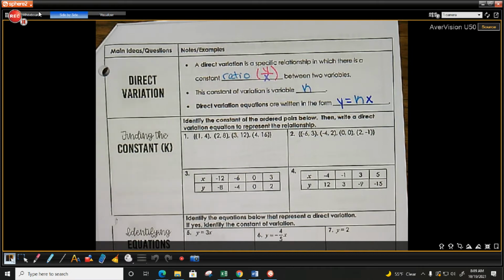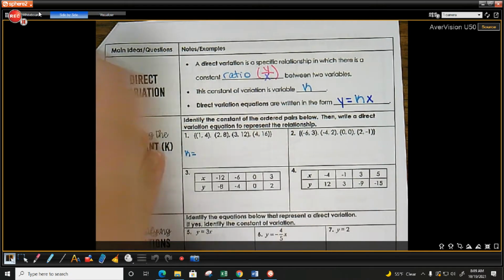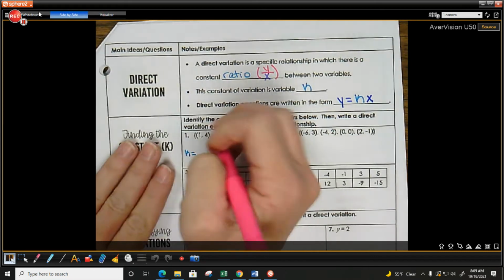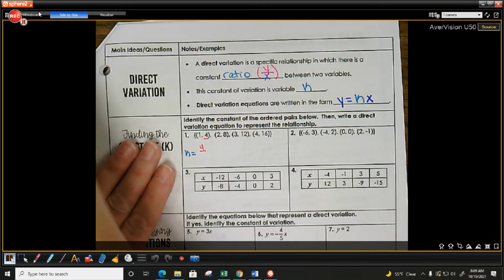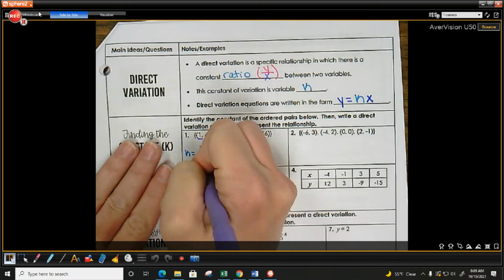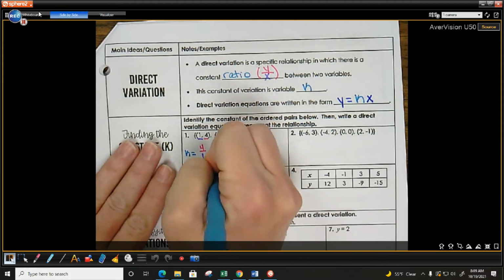Okay, so we are going to identify the constant of variation of the ordered pairs below, then write a direct variation equation to represent the relationship. The way we find our k is we do y, which is 4, over x, which is 1. What's 4 over 1? 4.